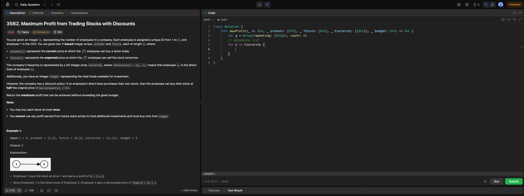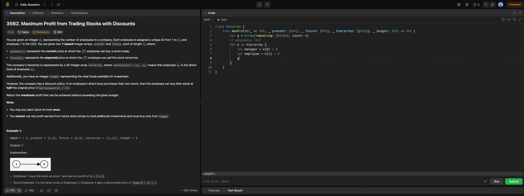And then we have a hierarchy in here. And then what we are thinking is, let's just write the manager, and then that will be the E of 0 minus 1, since that is a 1 base index. So the 1 will become the 0. The same for the employee will be the employee of 1 minus 1. So that will become the 0.